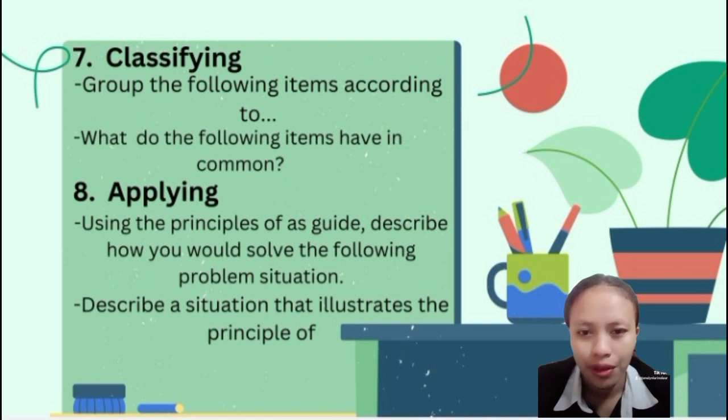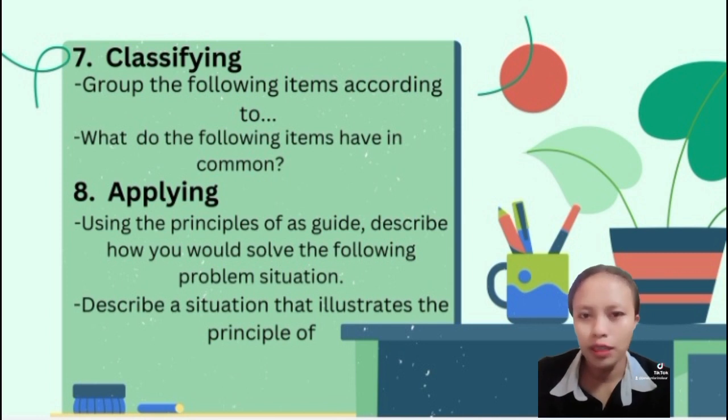Or another example is, what do the following cooking utensils have in common? So in this type of question, the student classifies the cooking utensils and notes the similarities of them.